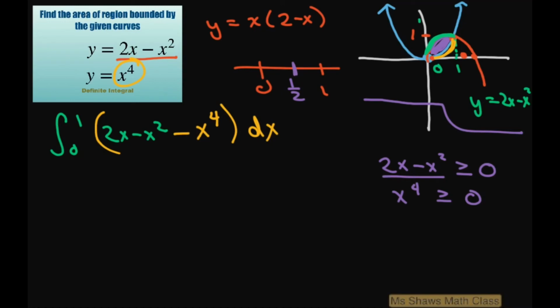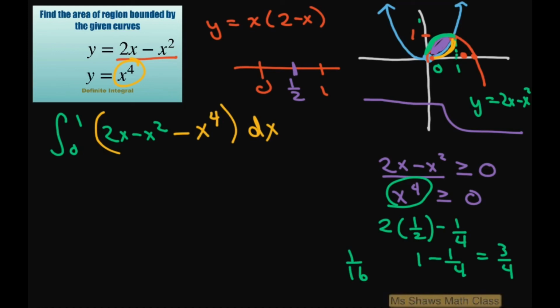If I put 1/2 in this equation, I get 2 times 1/2 minus 1/4, so 1 minus 1/4, which equals 3/4. If I put 1/2 here, I get 1/16. Since 3/4 is greater than 1/16, and this one came from this equation, that's the one you put first, the one that's greater. That way you're not having to draw the graph. Anyway, that's just a little side note.